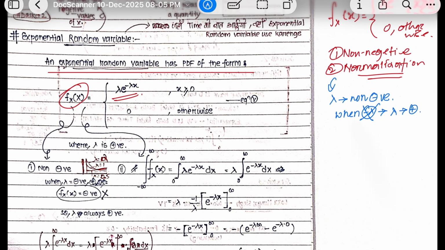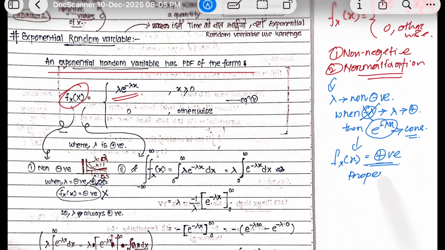Then e to the power of minus lambda x also gives a positive value. So the product value of f of x is positive. This proves our first property. First property proved, that is non-negativity.